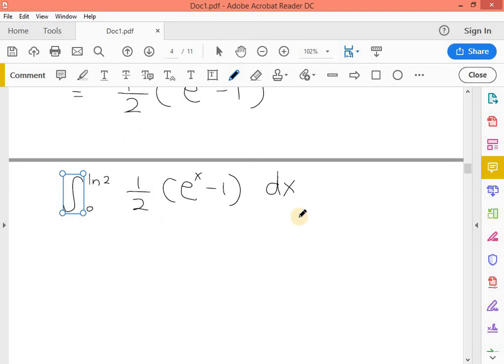Okay, so can you use the calculator now? Can you try to use your calculator and see what answer you get? The answer in your module is equal to 0.153.